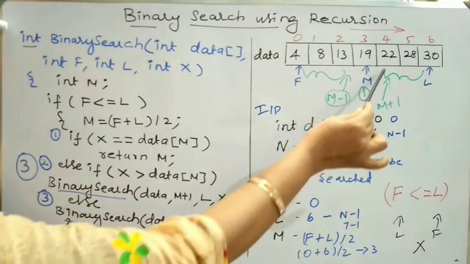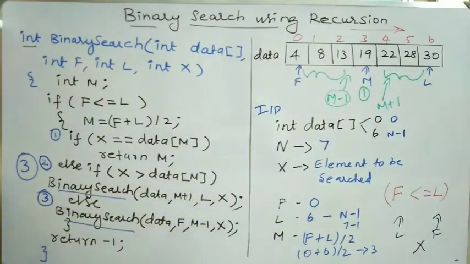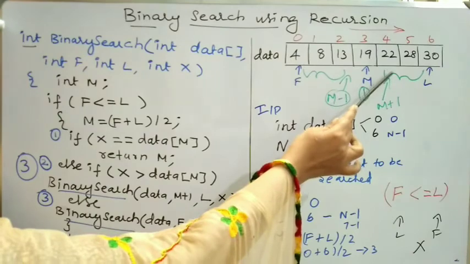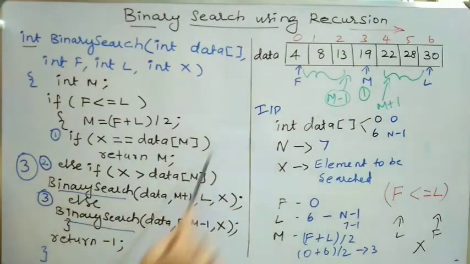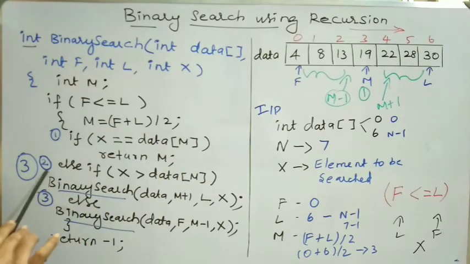In that case, I can find my element in the second half of the array. I need to continue my search from index position m plus 1 to L. So I am again calling the function by passing the new value of f, that is m plus 1, and L.